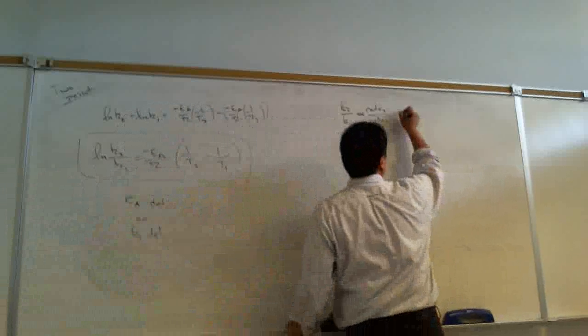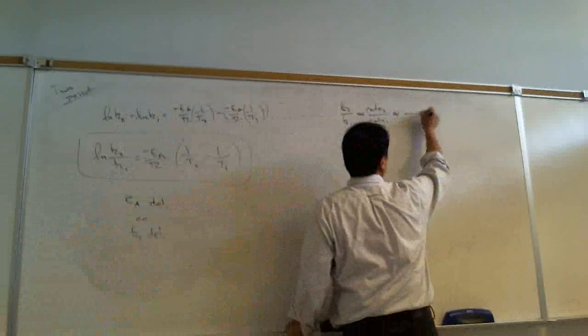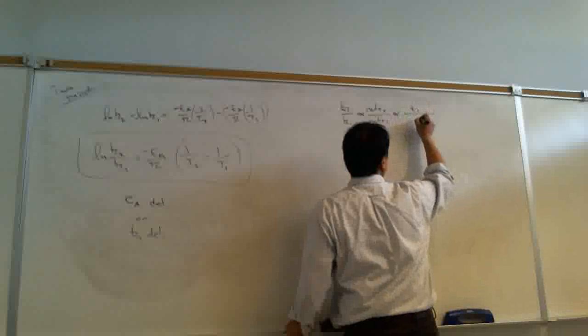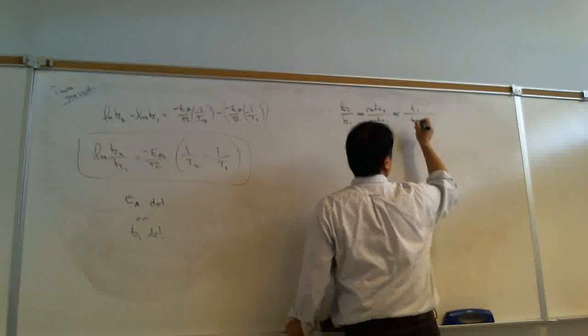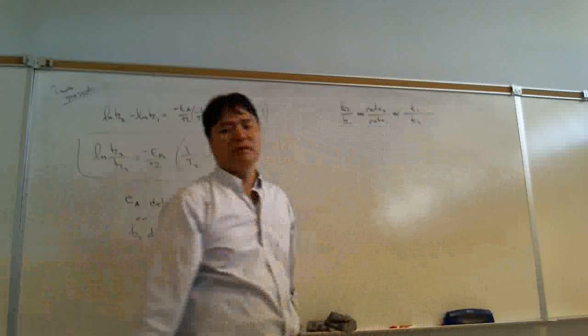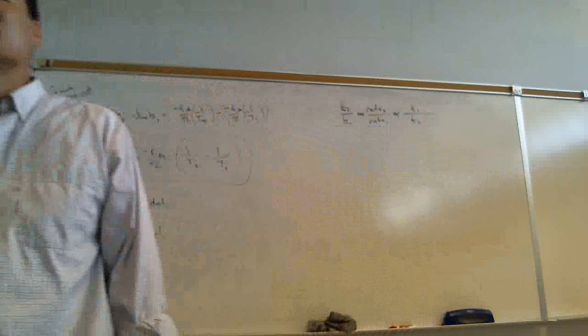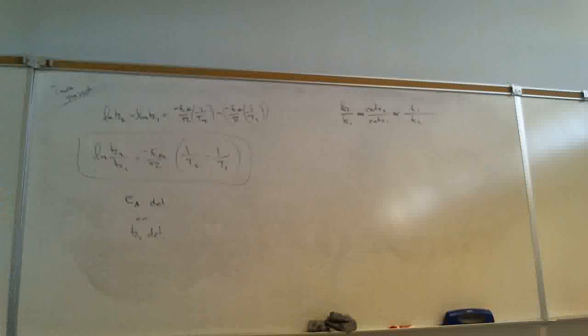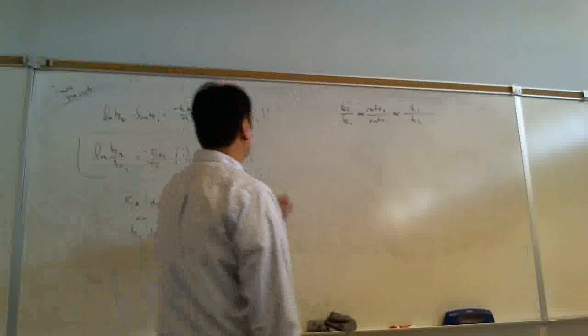But it's going to be inversely proportional to the times. The faster it is, the less time. So the bigger the rate, the smaller the time. So that's what we'll have here.